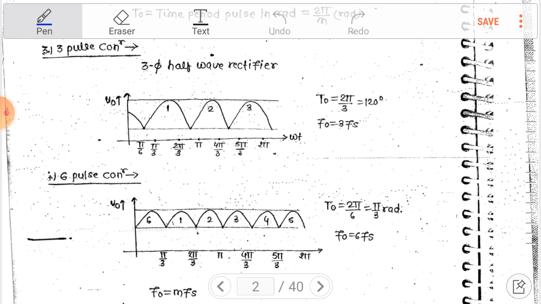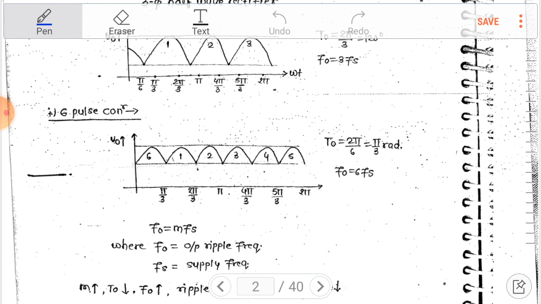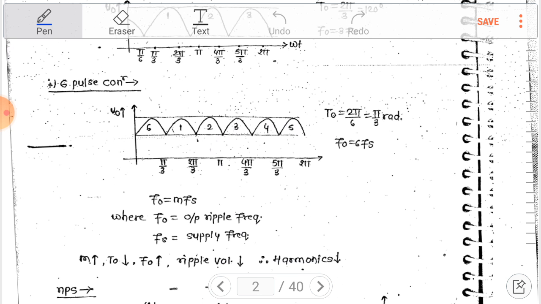So the output frequency is 3 times the supply frequency. Similarly, in a 6 pulse converter, the output frequency is 6 times. So we conclude that the output frequency is m times the supply frequency, where m is the number of pulses.